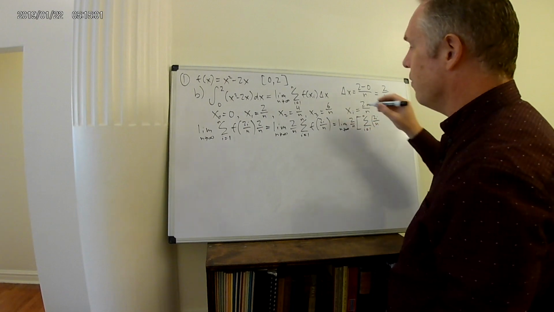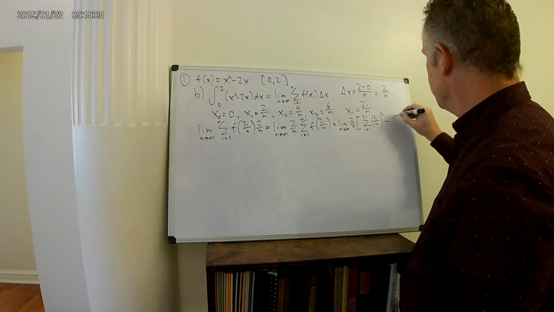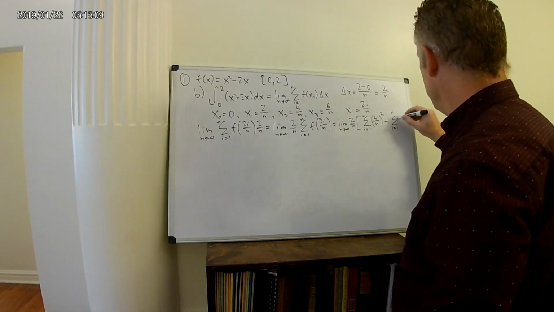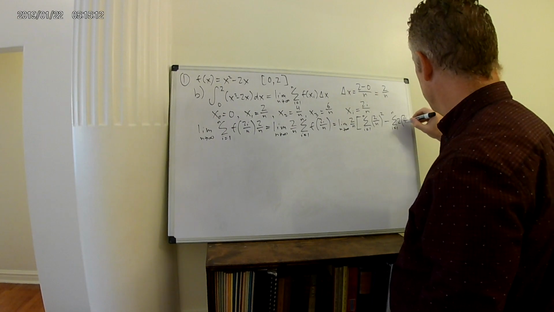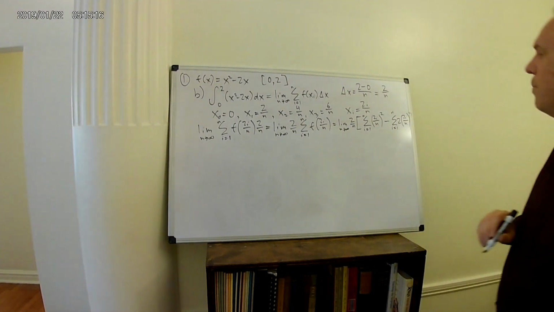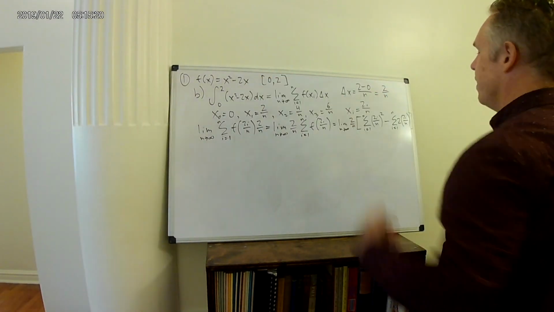I'm plugging 2i over n into x squared, so I get 2i over n, squared, minus the sum from i equals 1 to n of 2 times 2i over n, with a bracket there. So I'm basically plugging this 2i over n into my function.